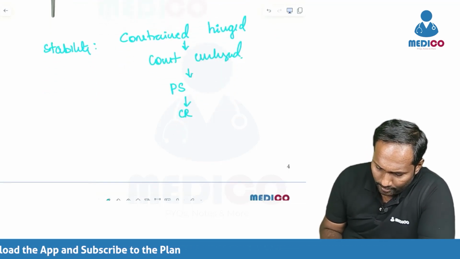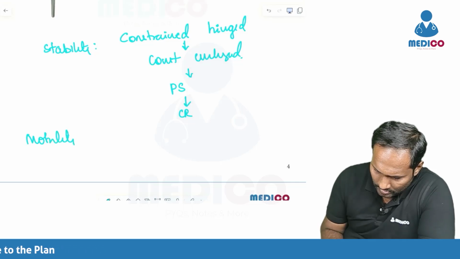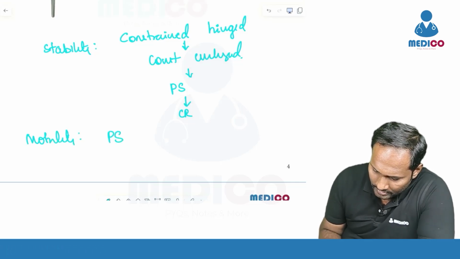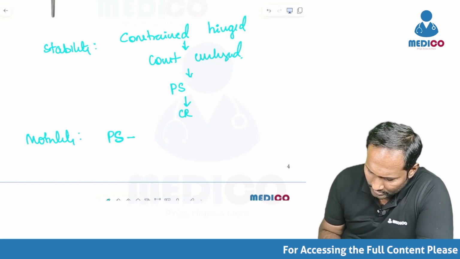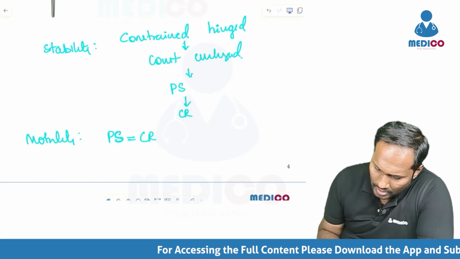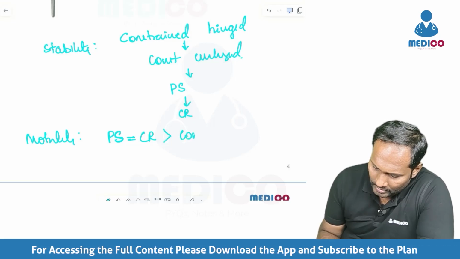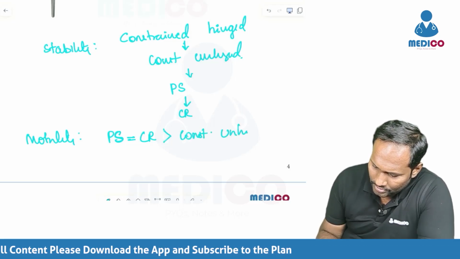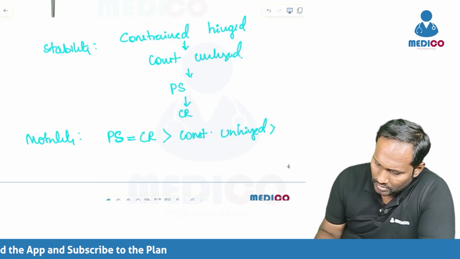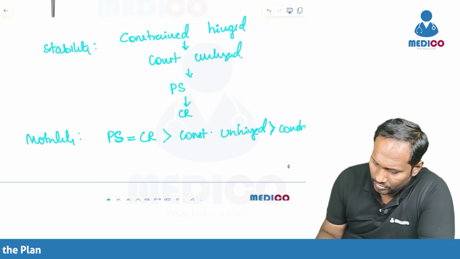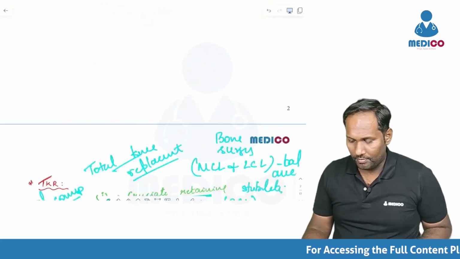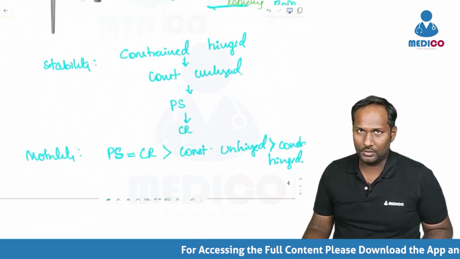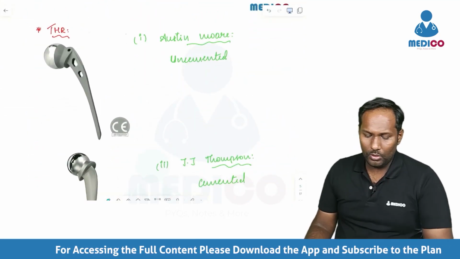If you have to rate them for mobility, first would be the PS knee. Almost PS and CR are the same these days. PS and CR are the same, and then would be the constrained unhinged, and then the constrained hinged. This is what they can test you on, I guess, with the four types of total knee replacement prosthesis.